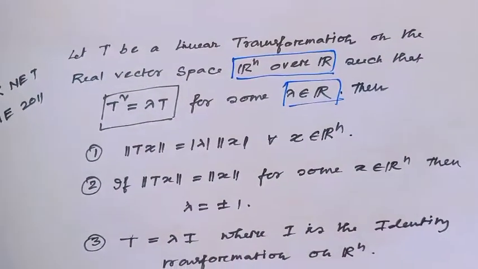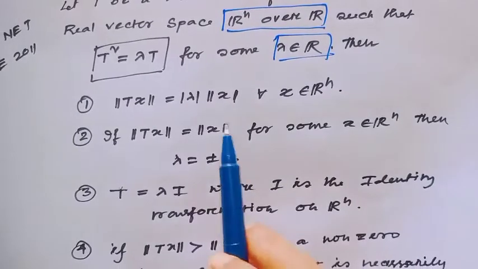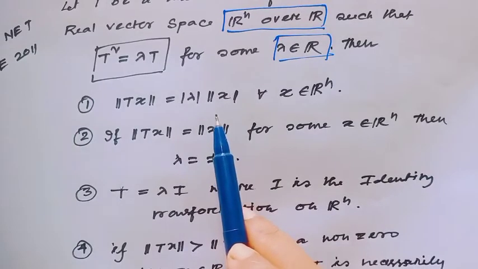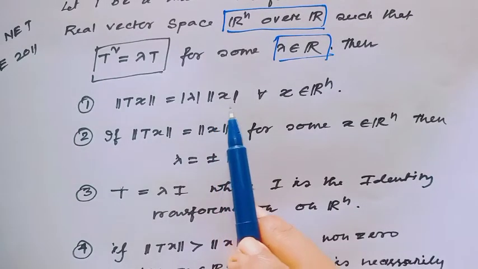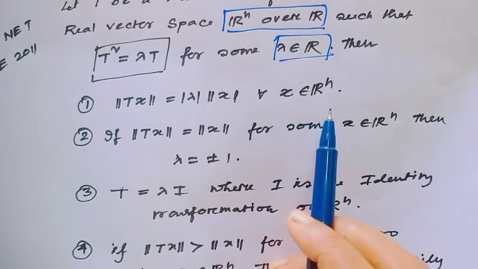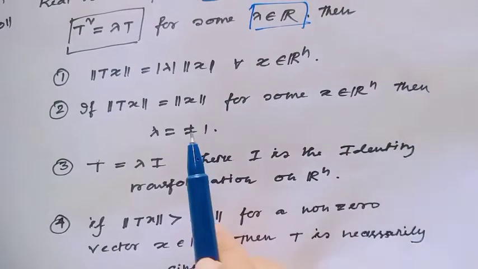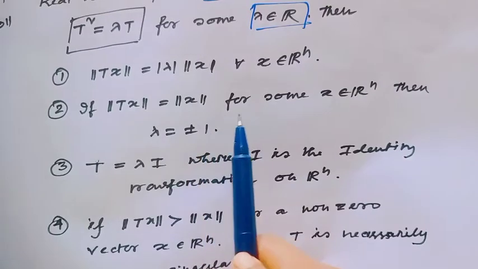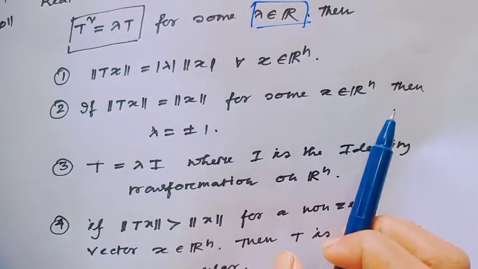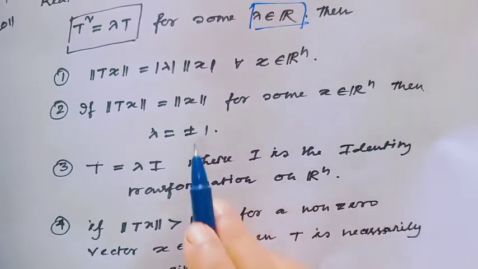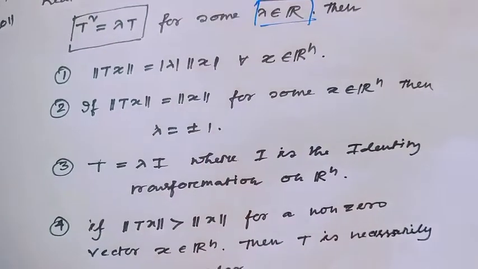Then option 1: norm Tx equal to absolute value of lambda times norm x for all x belongs to Rn. Option 2: if norm Tx equal to norm x for some x belongs to Rn, then lambda equal to plus minus 1.